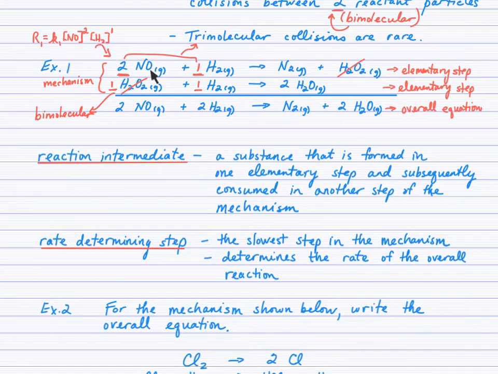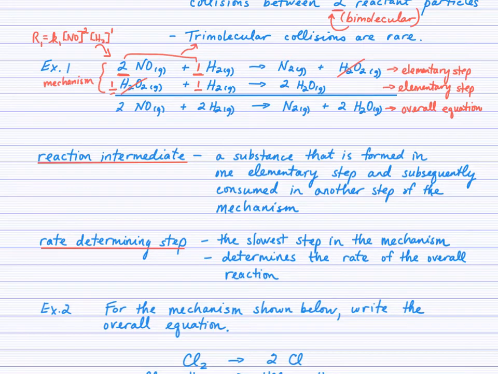And so the rate law for the first step in this mechanism, and I'm just using a subscript of 1 here to indicate it's the first step, would follow like this. Now, what would the rate law equation be for the second step of that mechanism? I'm just going to erase this so that I have a little bit more space here.